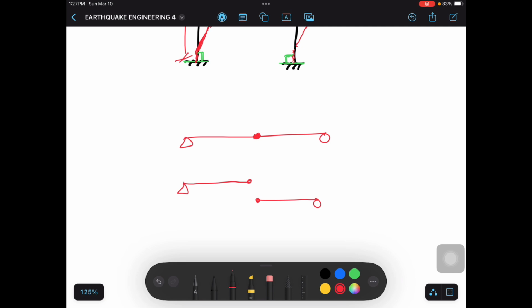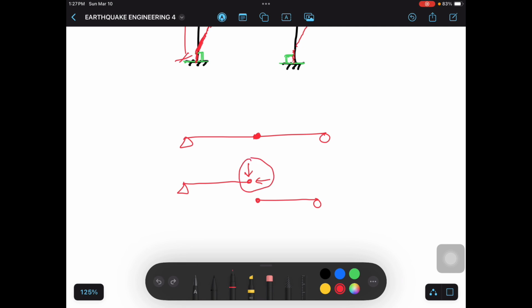Hinges are points na pwede mong i-disassemble yung structure, and also these points can carry horizontal and vertical loads.